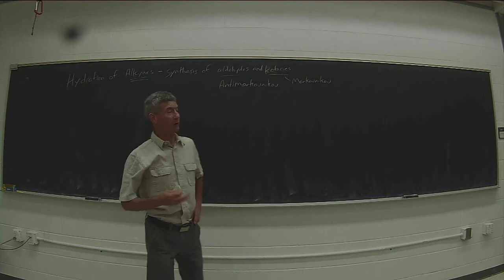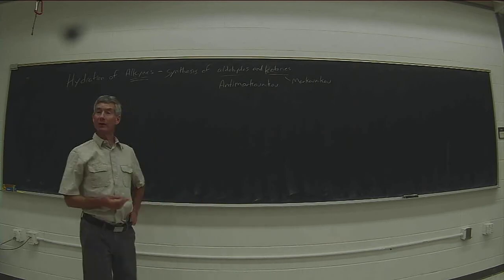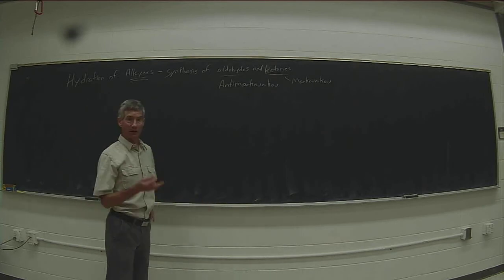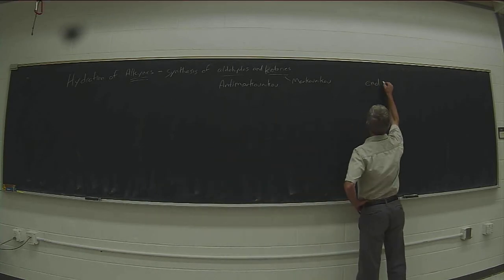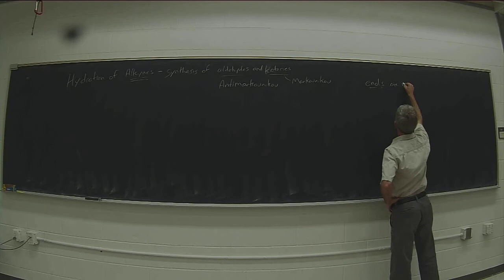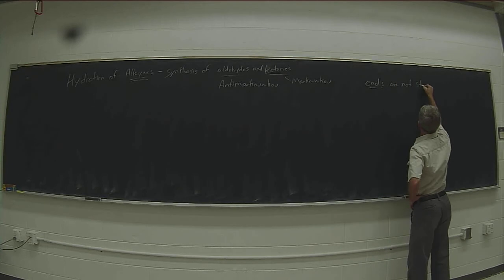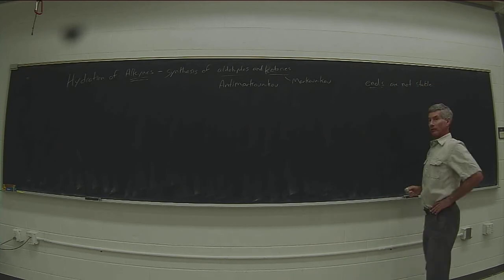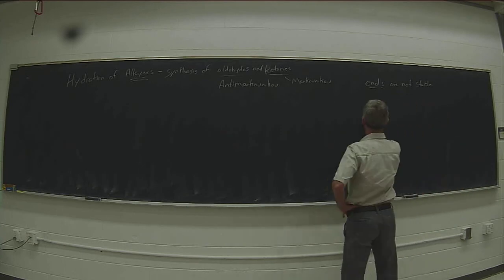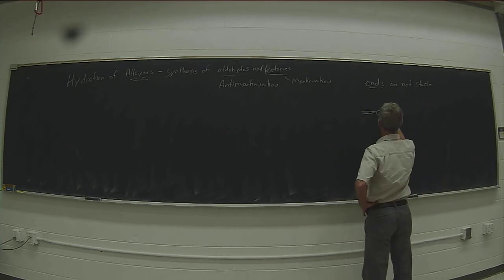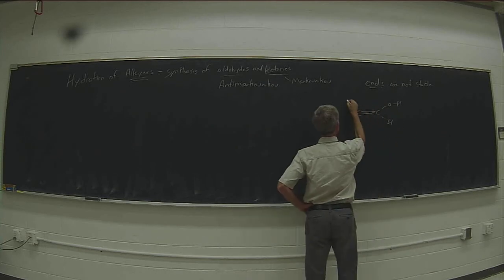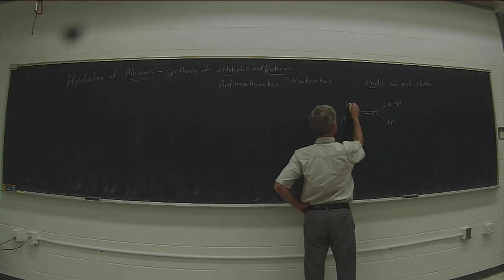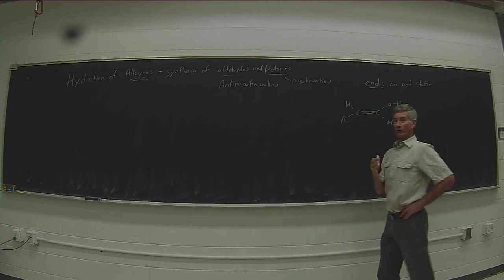And the reason for this change, the isolation of carbonyl compounds instead of alcohols, is that enols are not stable. In the presence of either acid or base, an enol will undergo an equilibrium to the more stable carbonyl compound.